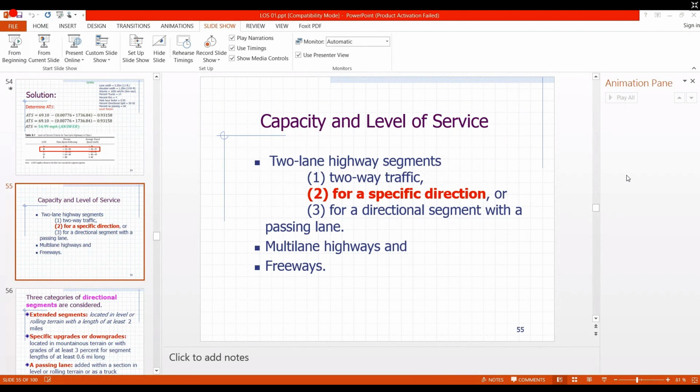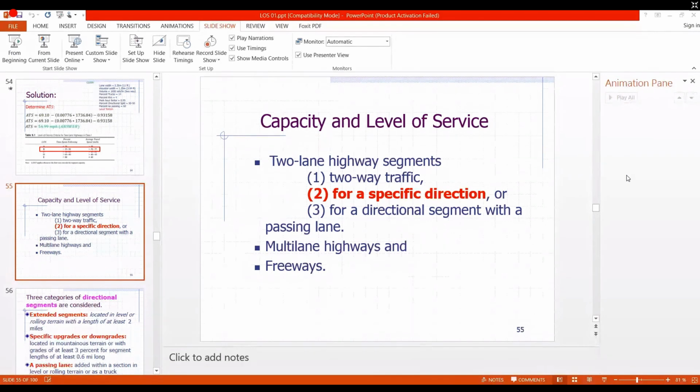So, we are now dun sa 2-lane highway natin. Tatlo yan. So, we have your two-way traffic. And then next is your specific direction. Kasi dun sa two-way traffic, yung ina-analyze natin is the level of service for both lanes. Kung ano yung na-common na level of service, sinassume mo na yun na yung level of service on the other lane.